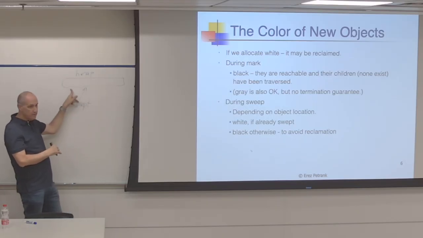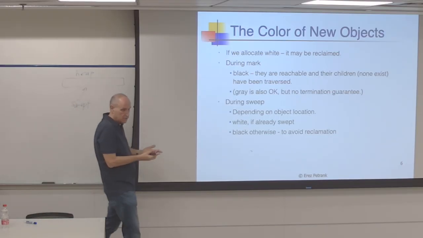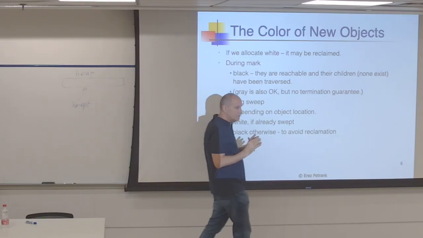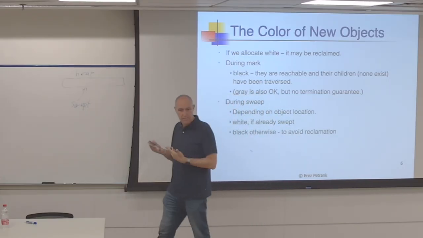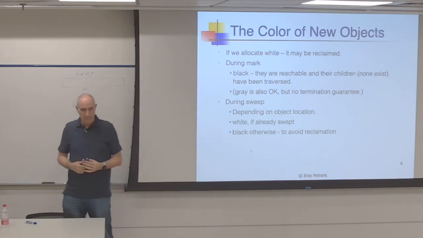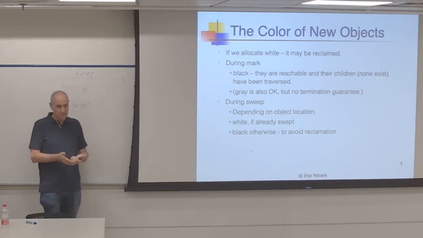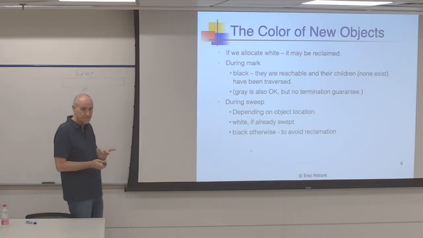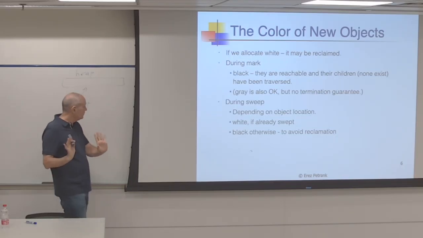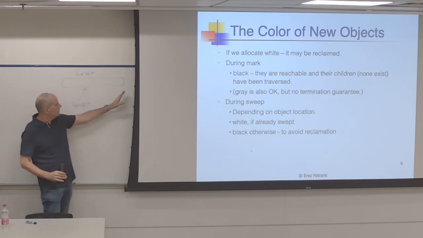But if it's here, then we want it white because we don't want the next collection to start with a black object. Black objects are really bad for the next collection. To start a collection with a black object means that we're not going to scan its children. So we don't want to have a black object at the end.